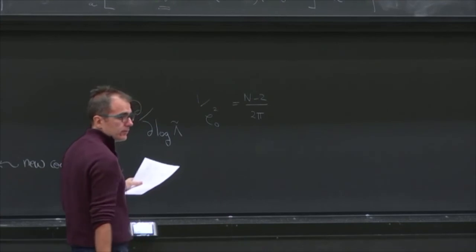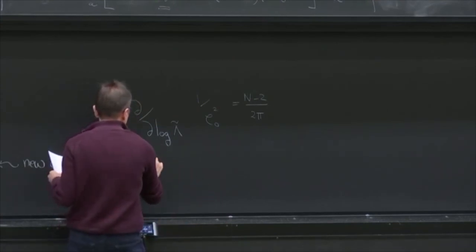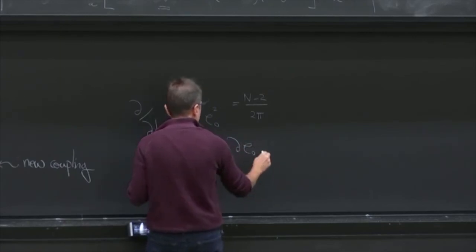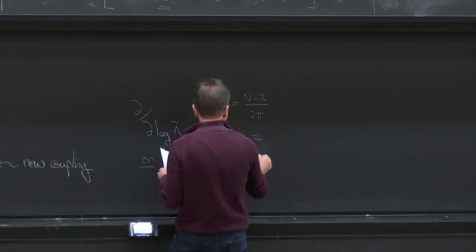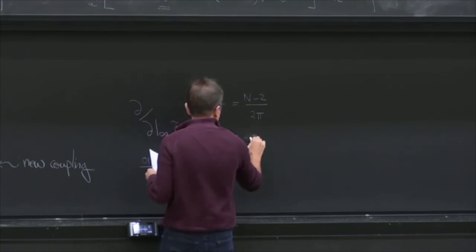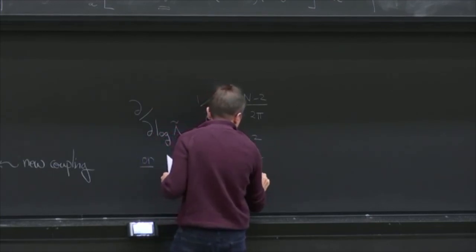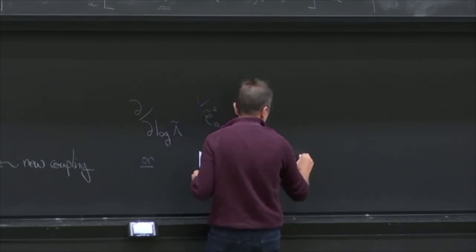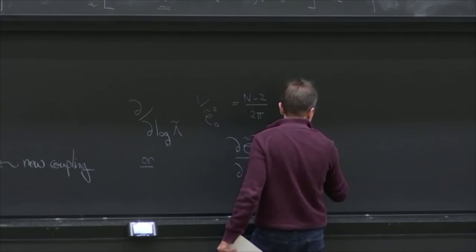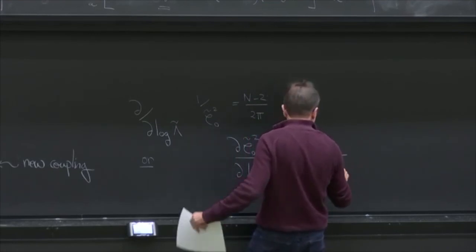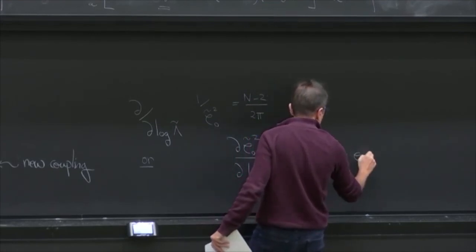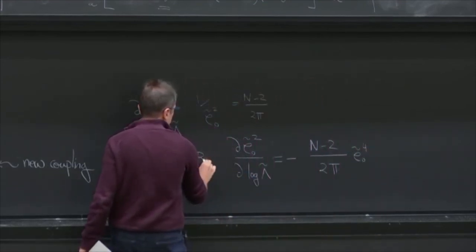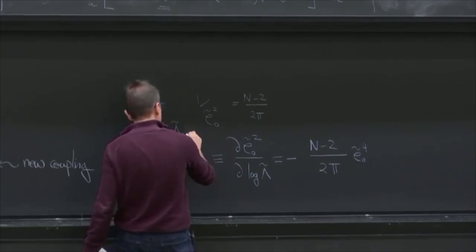Or, equivalently, the derivative of the coupling e0 squared with respect to the logarithm of the cutoff is equal to minus n minus 2 over 2 pi times, in this case, the coupling to the 4. And this is what is called the beta function of the theory.